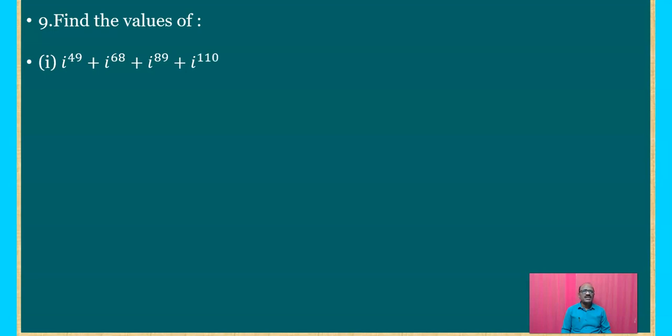Next is question number 9. Find the value of the first: i^49 plus i^68 plus i^89 plus i^110.